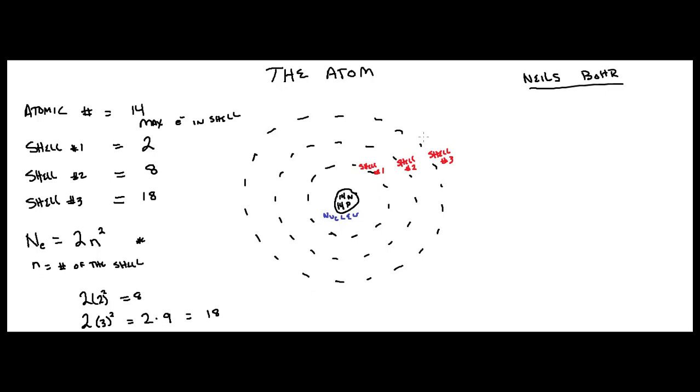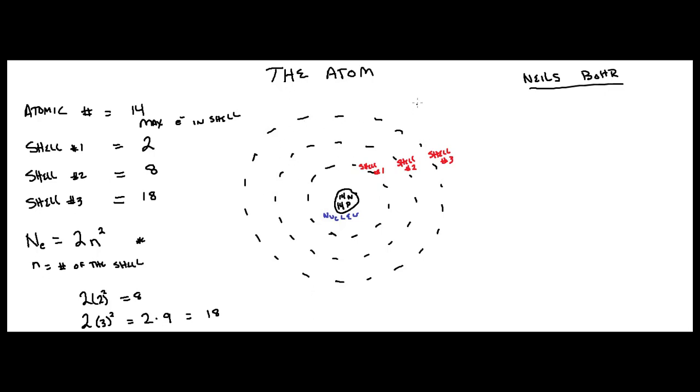Obviously, it would leave the atom electrically unbalanced, but an electron that's given enough energy can leave that valence shell, and it's going to jump to something called the conduction band, which gives the basis for electrical conductivity. All right, we're getting there. We haven't quite gotten there yet, but remember, valence shell.